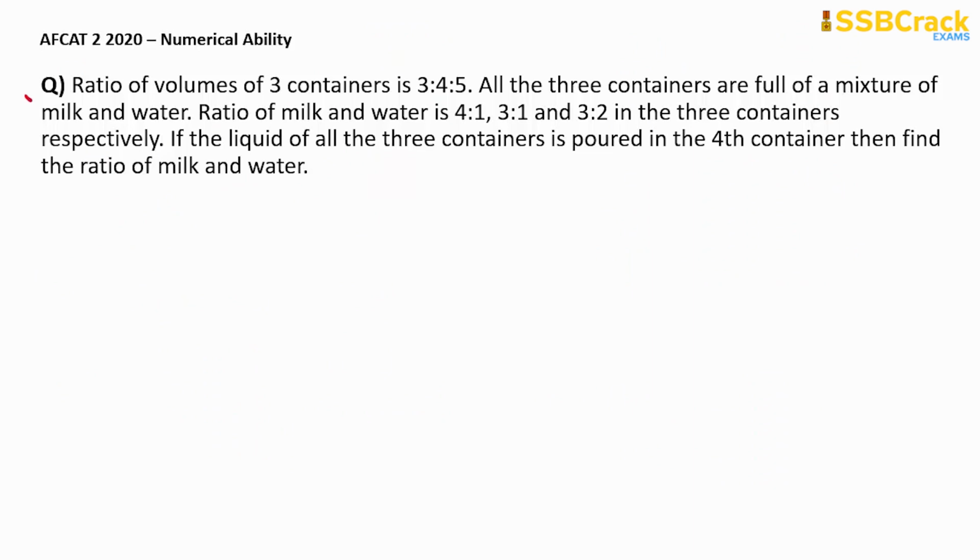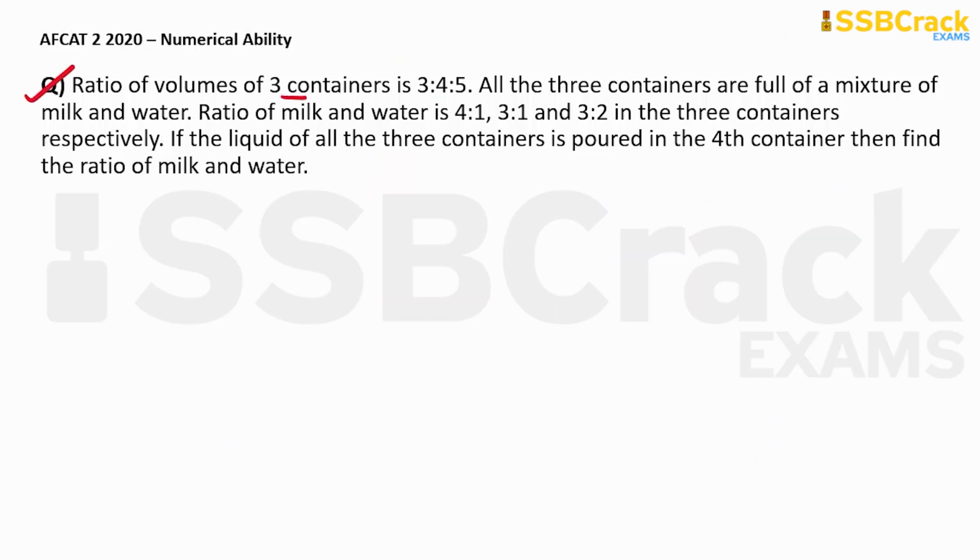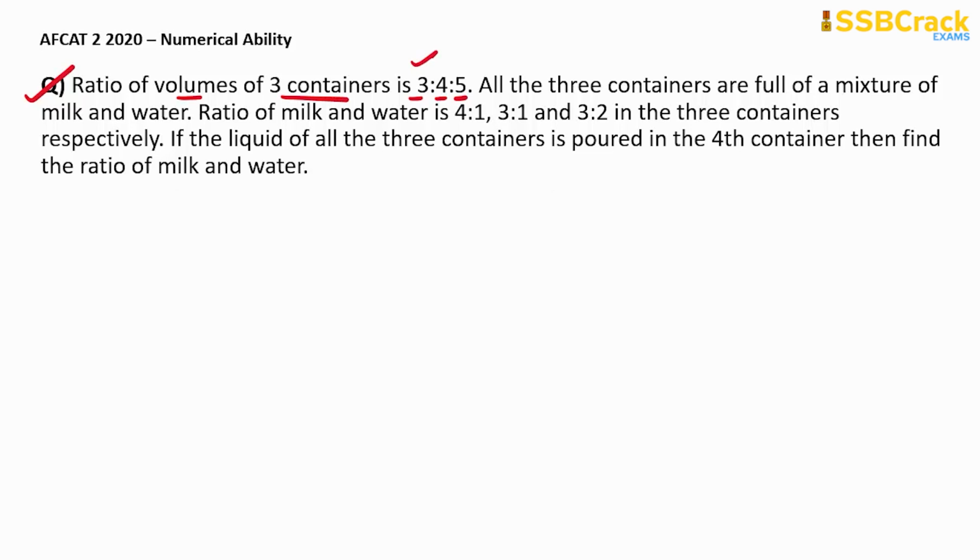It states that the ratio of the volumes of 3 containers is given by 3:4:5. All the 3 containers are full of a mixture, up to the mark, of milk and water, and the ratio of milk and water is given by 4:1, 3:1 and 3:2 in the 3 containers respectively.